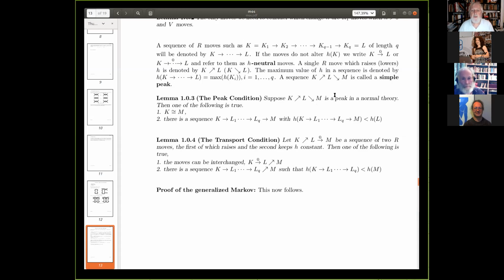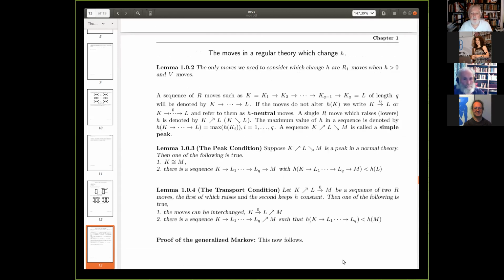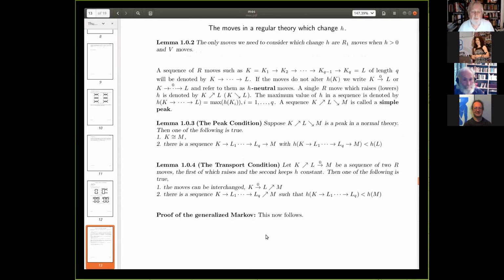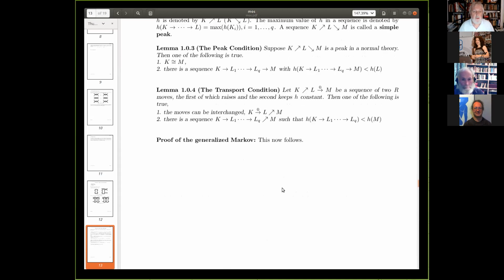And eventually we get a peak. And then we can apply the peak condition, and we've reduced H. So we keep doing this one after the other, and eventually the sequence going from K to L has all H equal to 0. Okay. So of course I've left out the details of this, but it's in our paper, which I could put perhaps into the general section.